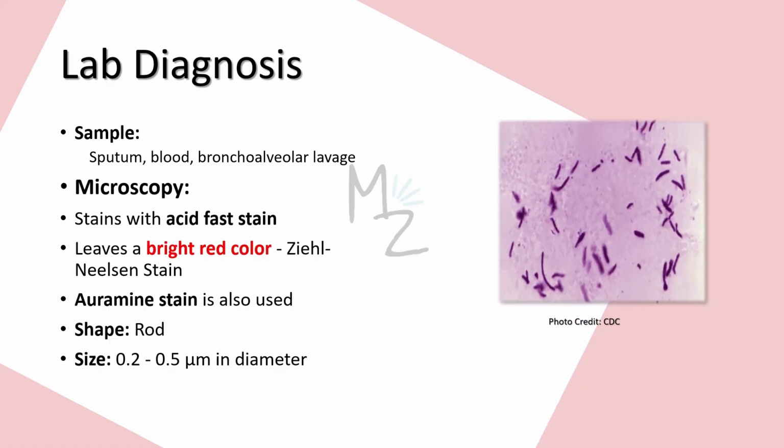We can also go for Kinyoun version of acid-fast staining. For rapid screening purposes, auramine stain, which can be visualized by fluorescence microscopy, is used. This bacterium is rod-shaped under the microscope, as you can see there. It is 0.2 to 0.5 micrometer in diameter.